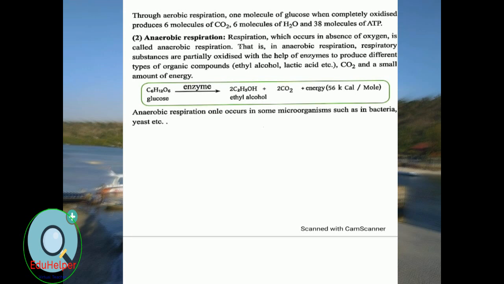The products are ethyl alcohol, carbon dioxide, and a very low amount of energy, 56 kilocalories per mole of glucose. There is no oxygen, and the catalyst here is an enzyme.